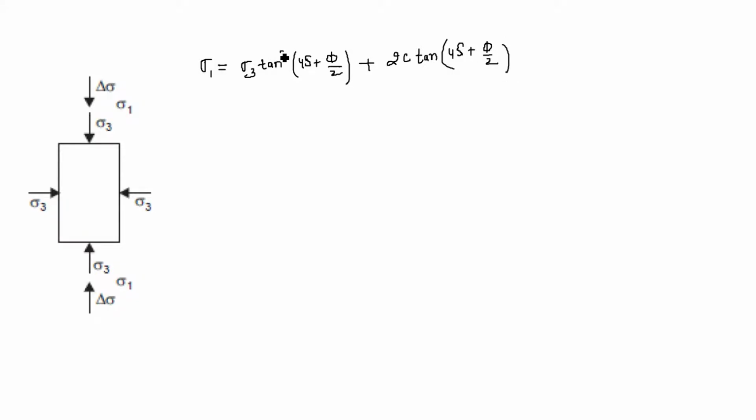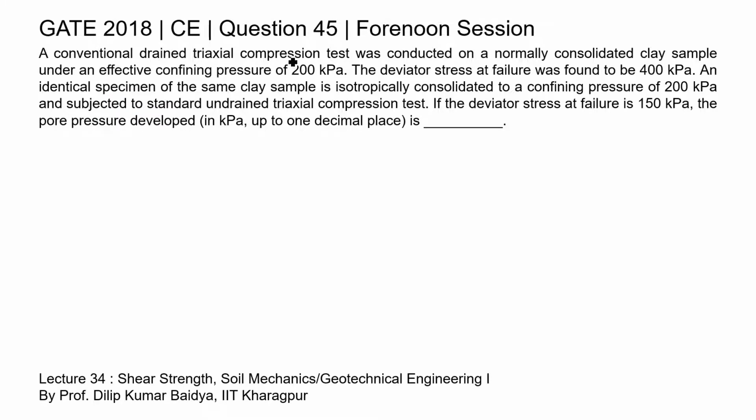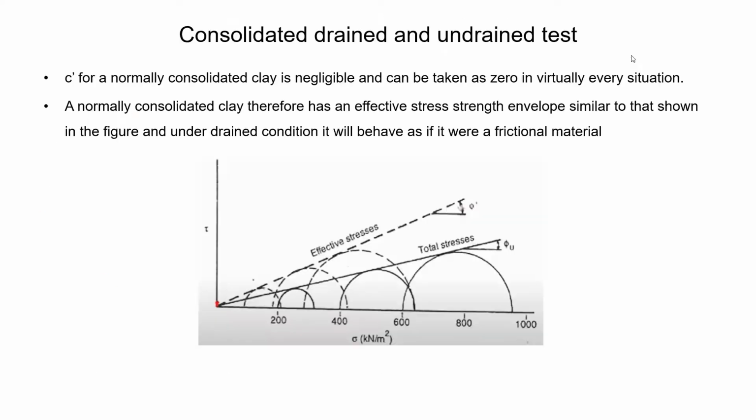This is for drained triaxial compression test, and it is also written that the clay sample is normally consolidated. So c dash for a normally consolidated clay is 0, negligible.